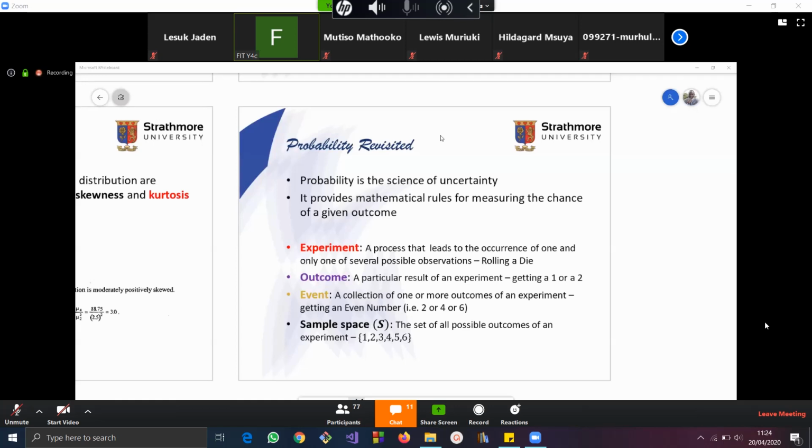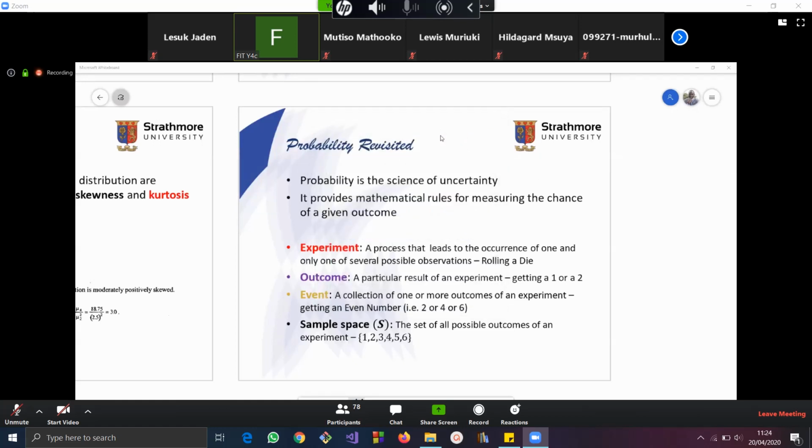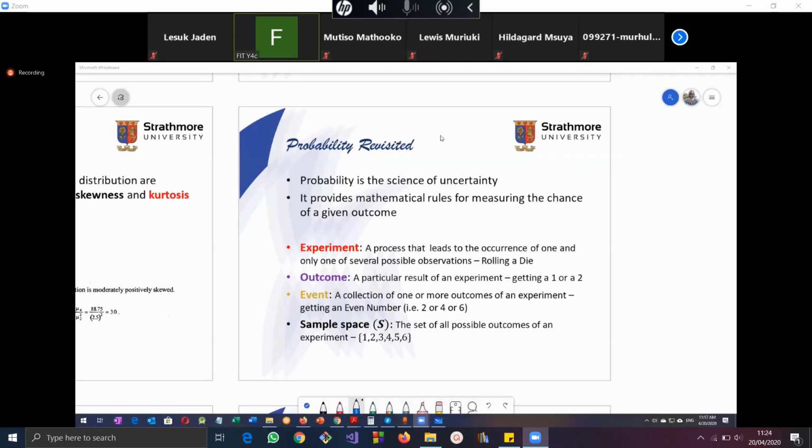So for today, we are going to revise both probability theory and linear algebra. Then most likely we'll finish on Friday by revising calculus.